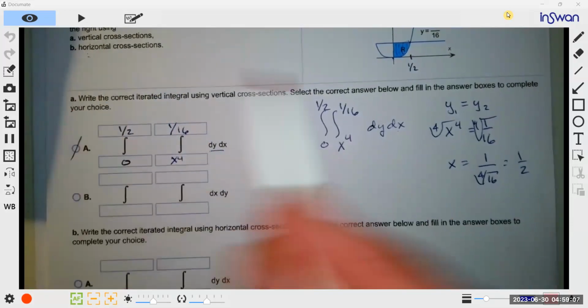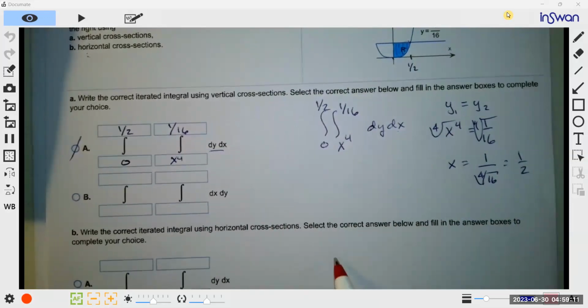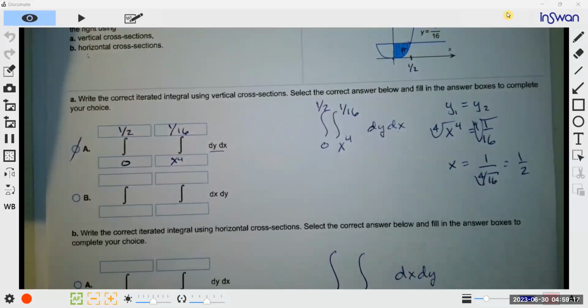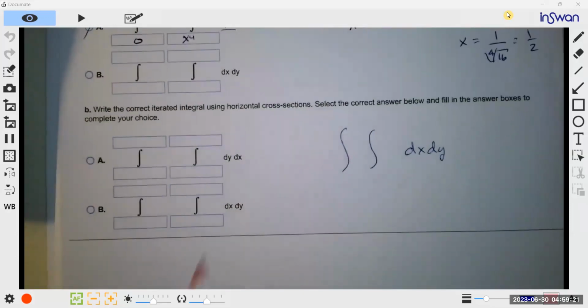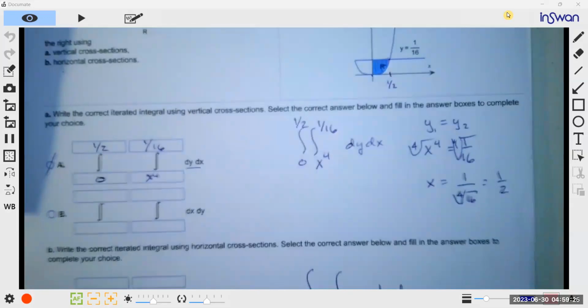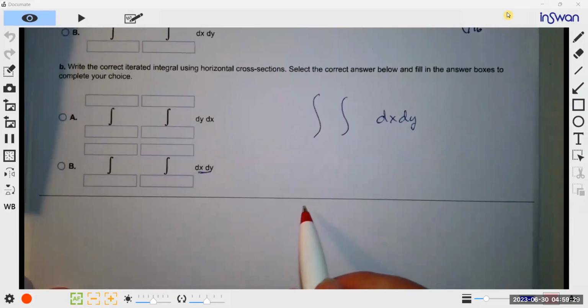Now we're doing horizontally. We're going this way. So this one's going to be dx dy. So this one's going to have to be b. Okay, let's look at this thing. Oh, I'll do it down here.